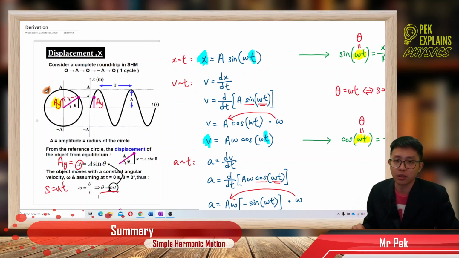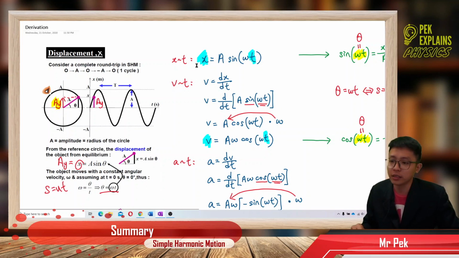This is in terms of rotational motion. Theta is the angular displacement and omega is the angular velocity. So we substitute theta with omega t.